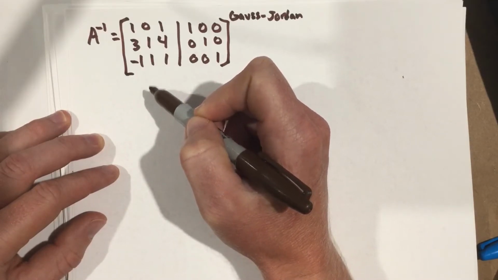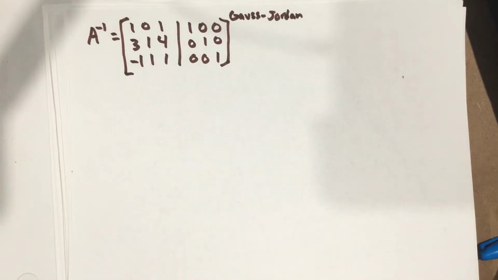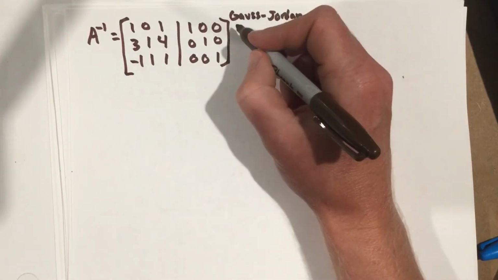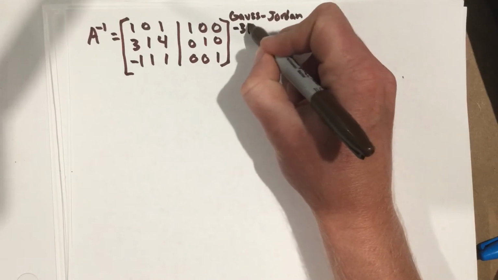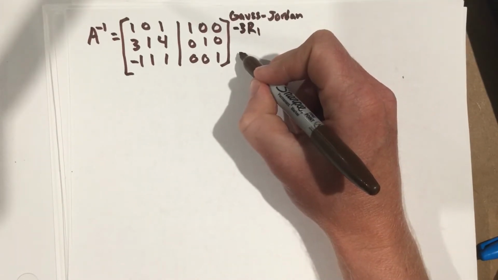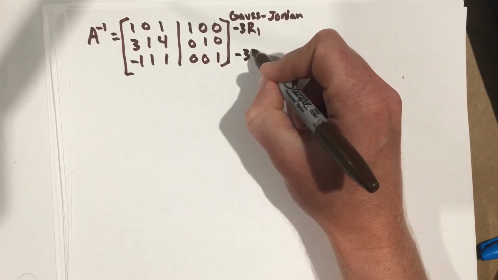So I'm going to multiply the top equation by negative 3, R1, and we're going to multiply the bottom equation by negative 3, R3.